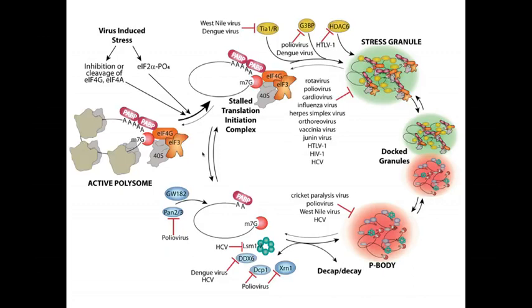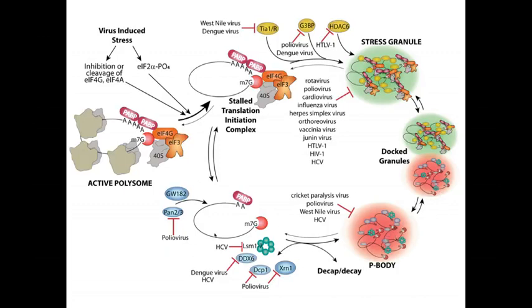Now, when translation is inhibited in a cell, there's actually another pathway that the stalled complexes can take. So it can either go to stress granule formation. There are also another set of bodies in the cell called P bodies, which are similar. They contain stalled translation complexes. And again, viruses don't want to be put into them, so they antagonize their assembly as well.